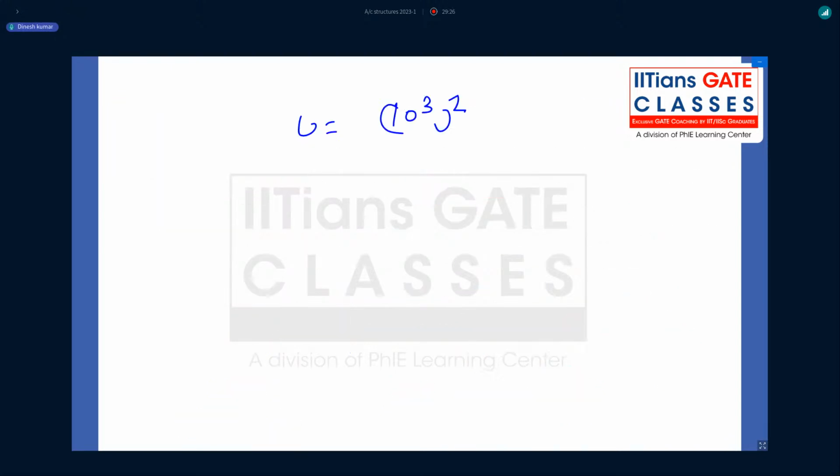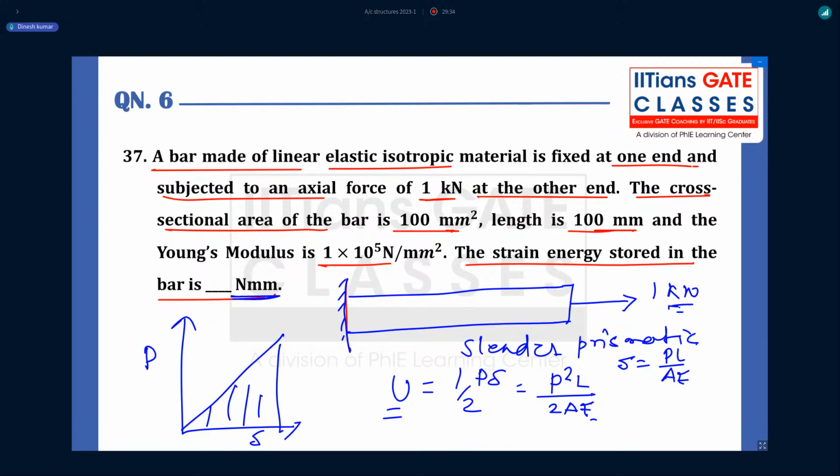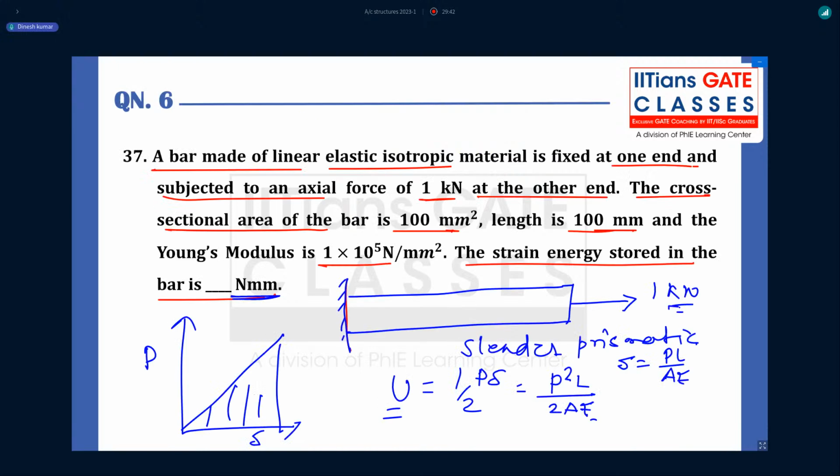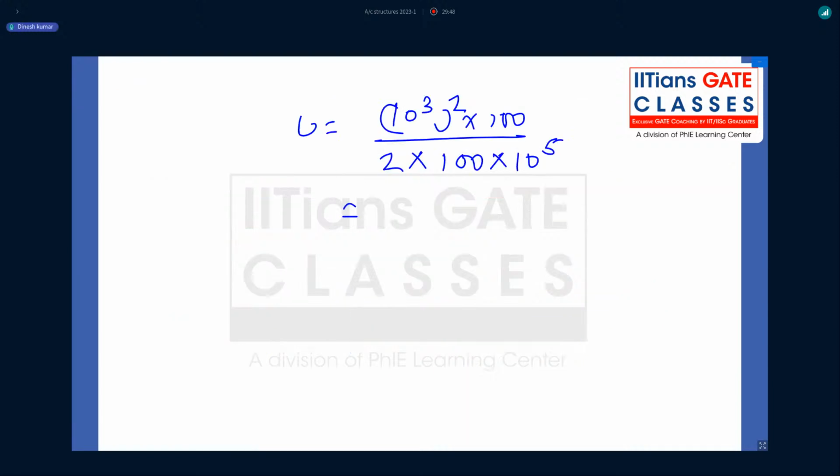It is 100 mm, upon 2. What is the area? 100. What is the E value? It is 10 to the power 5. So tell me what is the answer, guys? Yeah, 2AE. Yes, so guys, what is the answer?